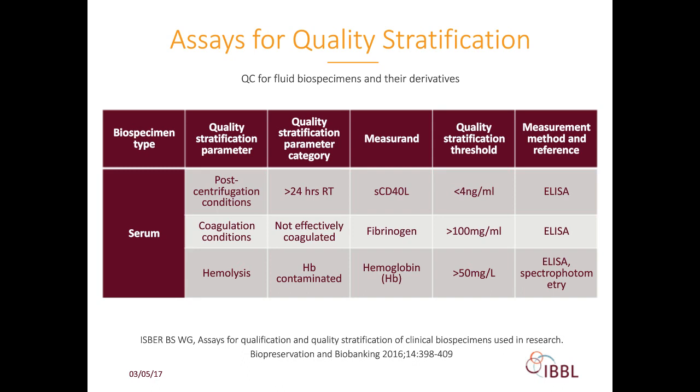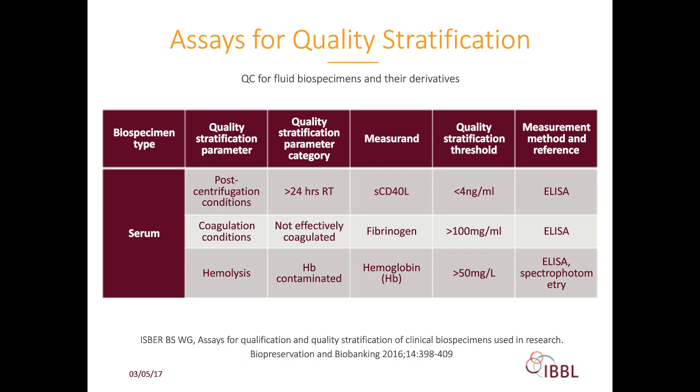As an example, categorization of serum samples in categories corresponding to different post-centrifugation delays, in other words, to different times of exposure of the serum to room temperature, can be done by measuring soluble CD40 ligand with a stratification threshold of 4 nanograms per ml, corresponding to times of exposure to room temperature longer than 24 hours.